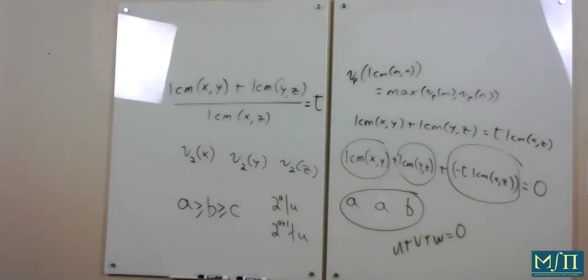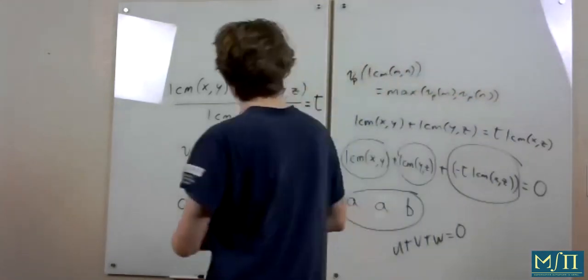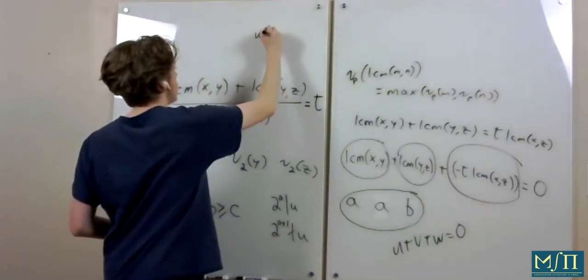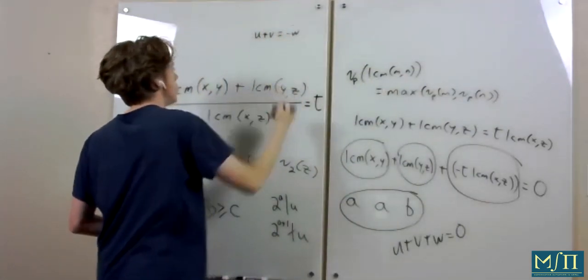Okay, and so now we're going to use one of the features that makes 2 a special number. We're going to use some special property that 2 has. Let's rewrite this as u plus v equals negative w.